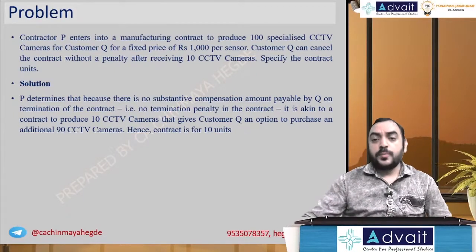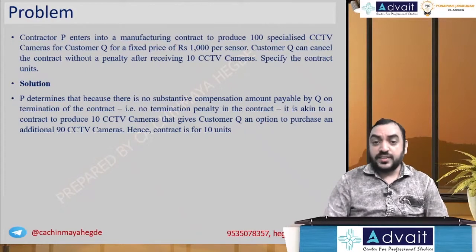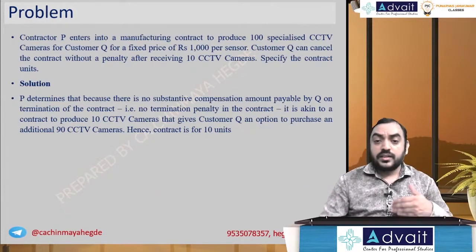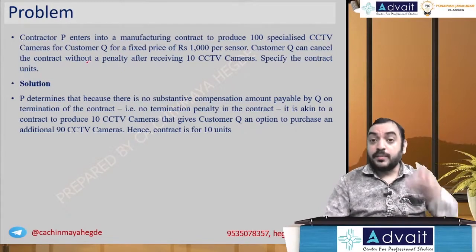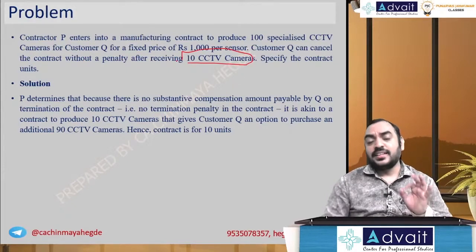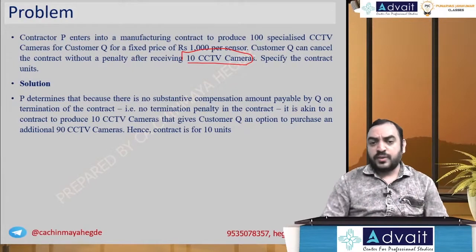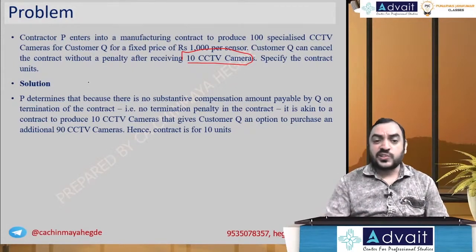Similarly, in this problem, initial contract is for 100 specialized CCTVs, but the customer Q can cancel the contract without paying any penalty, meaning a unilateral decision can be taken after installing just 10 CCTV cameras. Therefore, only first 10 will be considered. Let's see what institute has given in the solution.